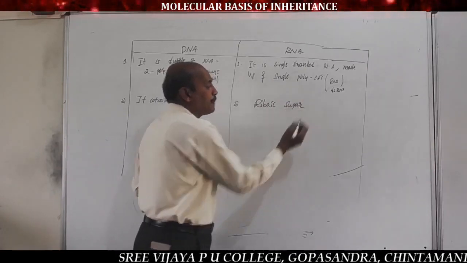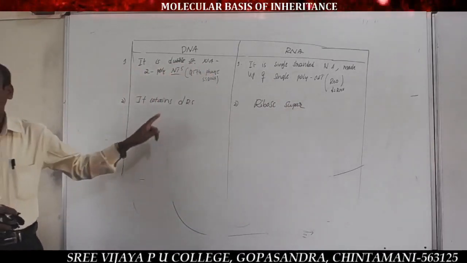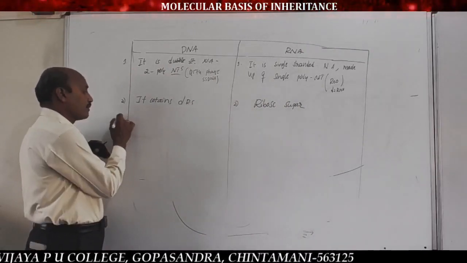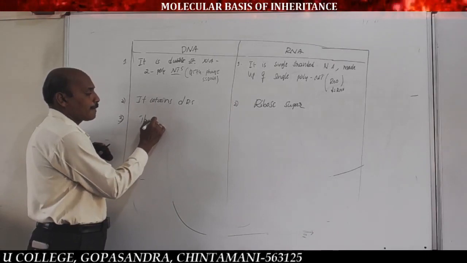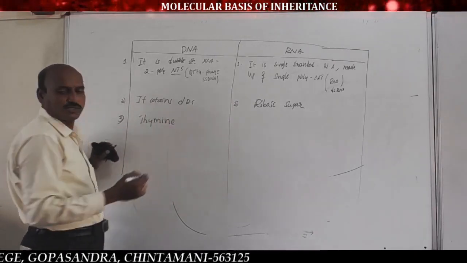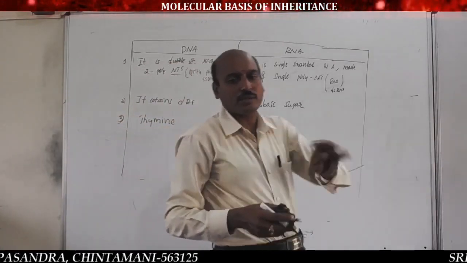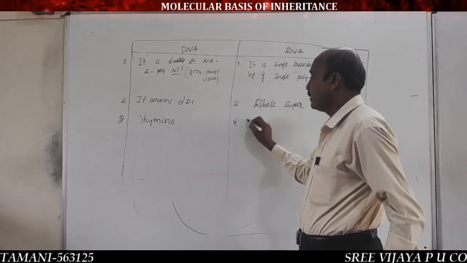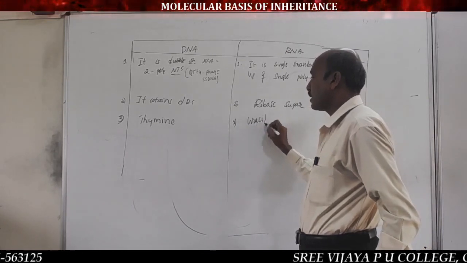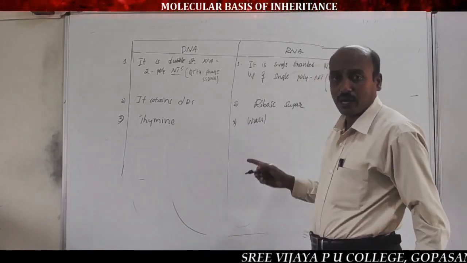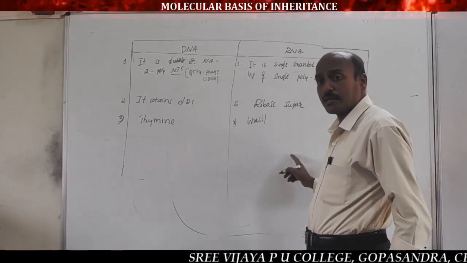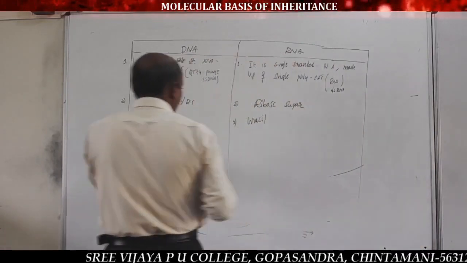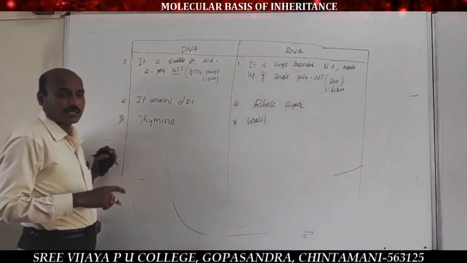So the pentose sugar in DNA is deoxyribose, and in RNA it is ribose. DNA contains the thymine nitrogen base, a pyrimidine base, never a purine base. RNA contains the uracil pyrimidine base. RNA never contains thymine, and DNA never contains uracil. So DNA contains thymine and RNA contains uracil.